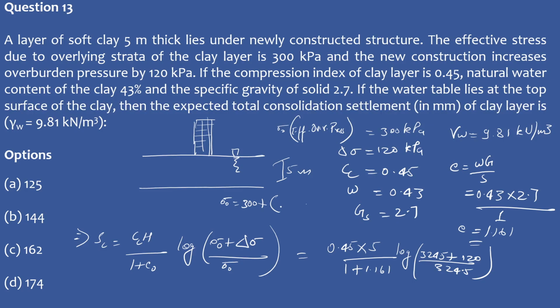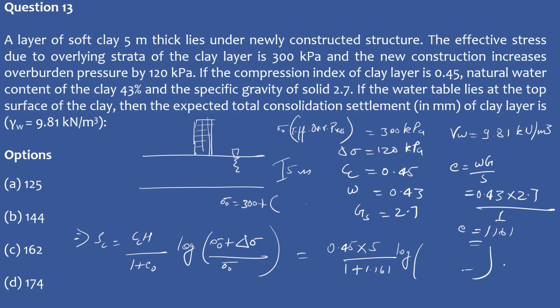So in this case, that won't work because you need to calculate the effective overburden pressure at the 2.5 meter depth, at the middle of the clay depth, and for that you also need to get the gamma of the soil at that point.